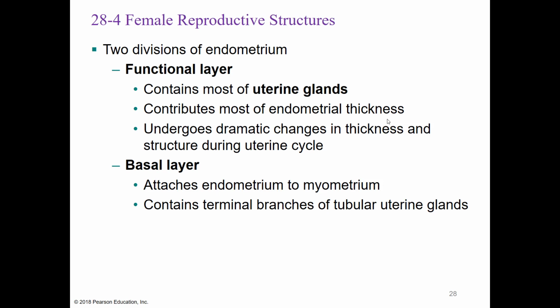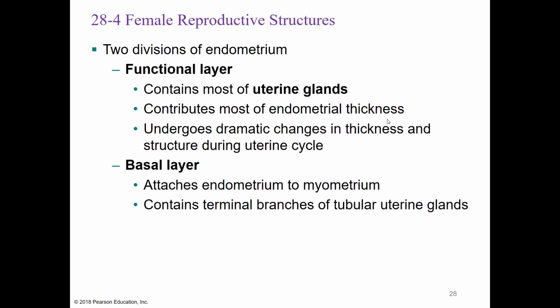The basal layer is going to attach the endometrium to the myometrium and contains the terminal branches of the tubular uterine glands, so the tail end of the tubular uterine glands. There will be changes in the endometrium, again, during the menses phase, and then on from there, we'll talk about soon.